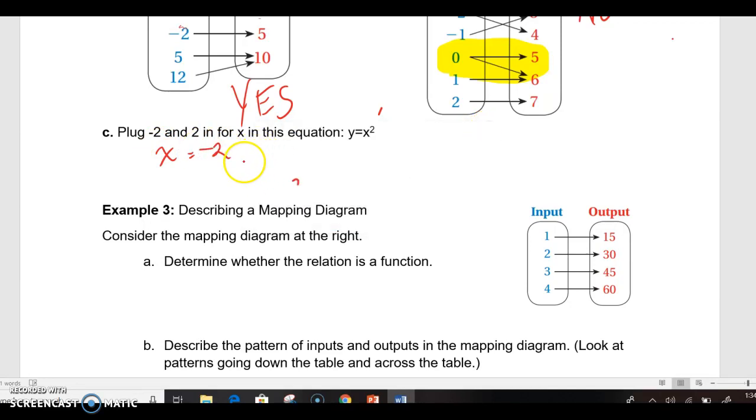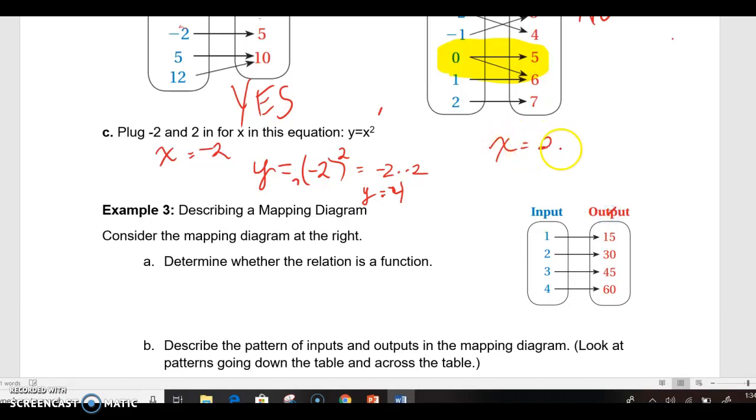When x equals -2, y is equal to (-2) squared. Notice I put parentheses around the -2 because if it says x squared, that means I'm squaring the entire base. So remember, that means -2 times -2, which is +4. So when x is -2, y is +4.